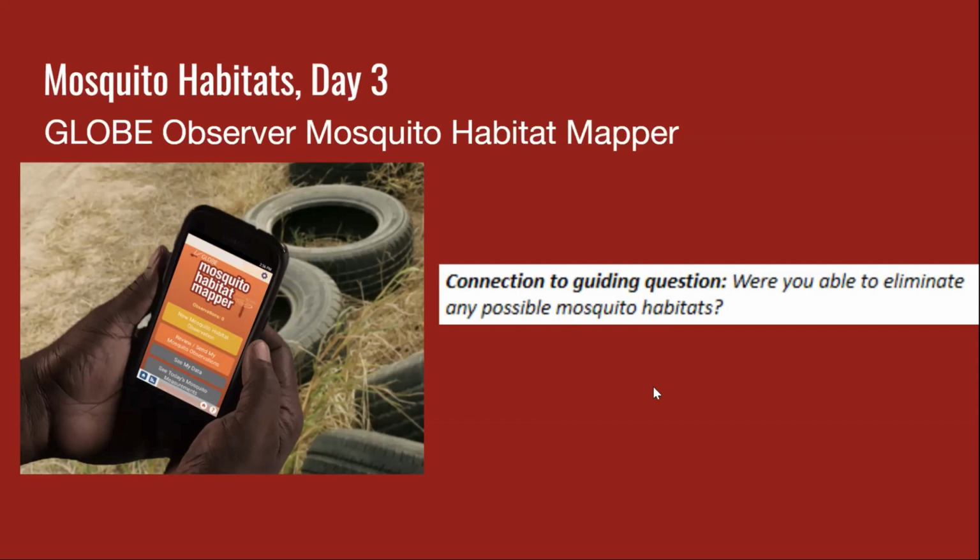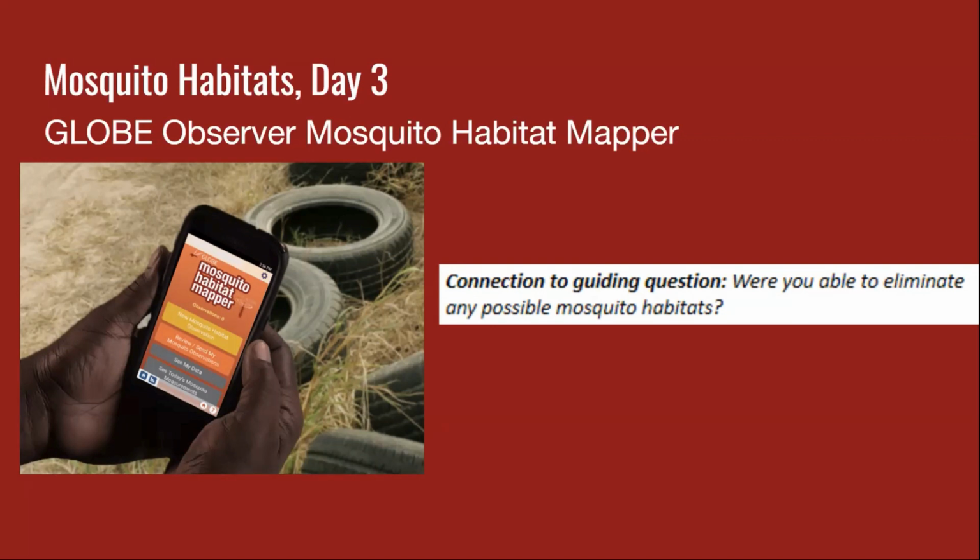This is one of the reasons that I particularly like this topic, because when you think about students wanting to have a positive impact on their communities, just by doing this process and identifying mosquito habitats, any of those habitats where the standing water can safely be emptied, they can do that, and they can eliminate a mosquito habitat and have a positive impact on their community.